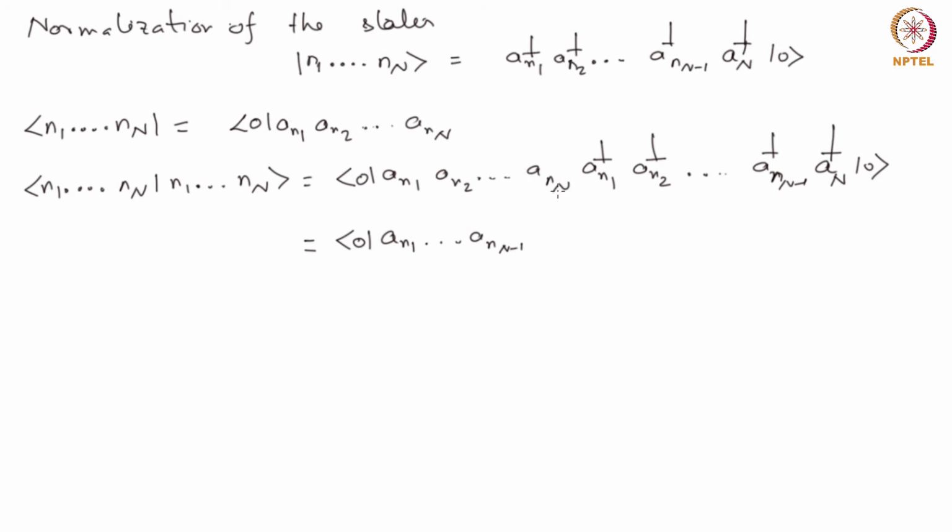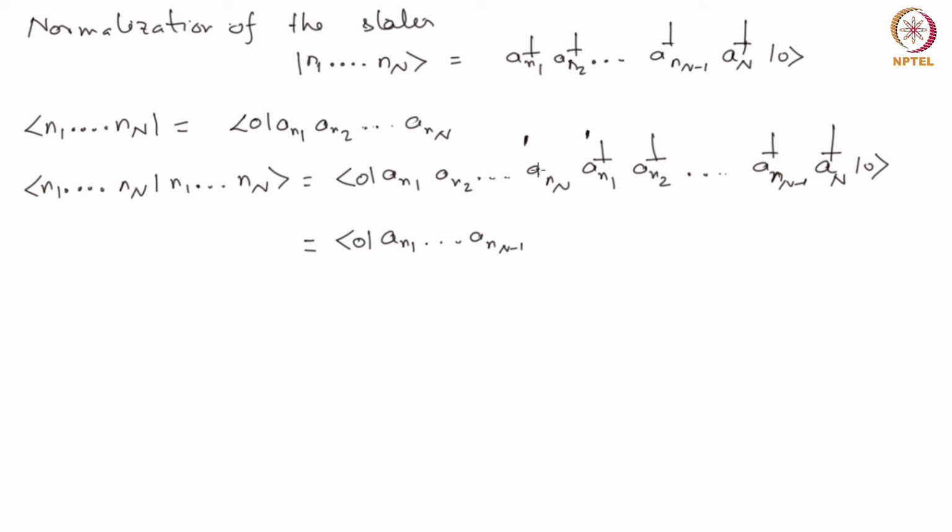Now this guy, I'm going to push it through these a daggers. Now you can make these two commute. Sorry, these two commute if n1 and n2 correspond to two different oscillators. So if n1 is not the same as n2, then they commute anyway. Sorry, I meant these two. Sorry for this mistake.